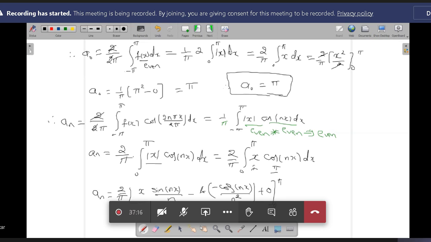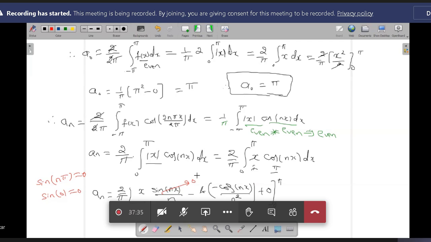The same concept we said earlier, sin n pi is 0. So the same results we make use of. Sin n pi is again 0 and sin 0 is 0. Both for upper limit and lower limit I can say this is 0.